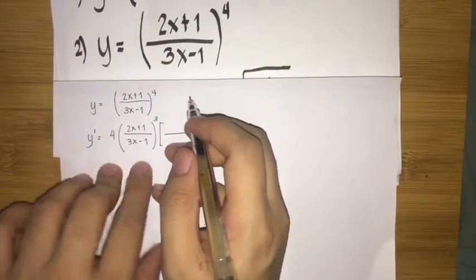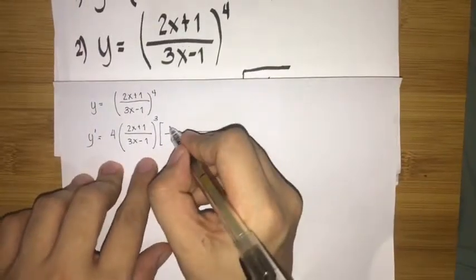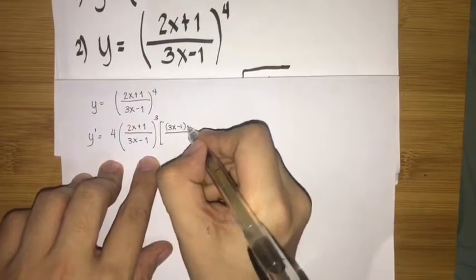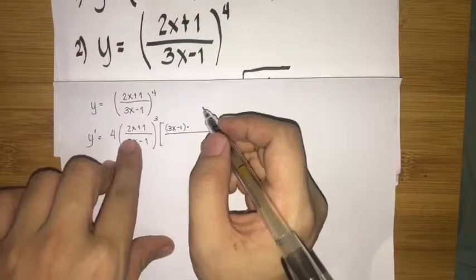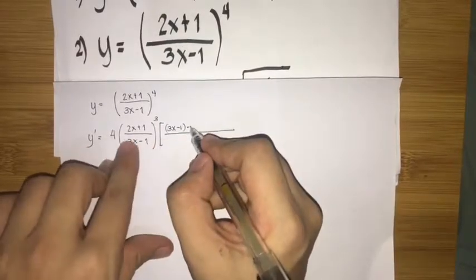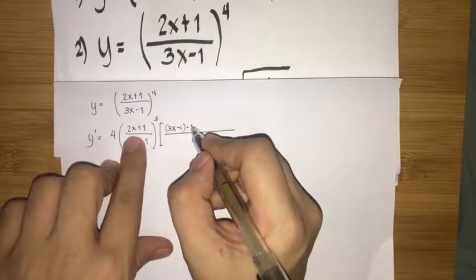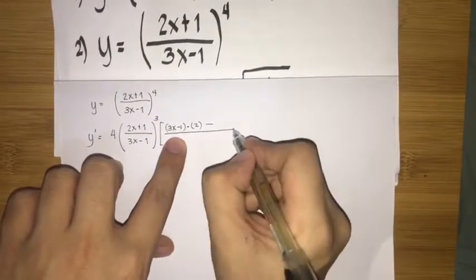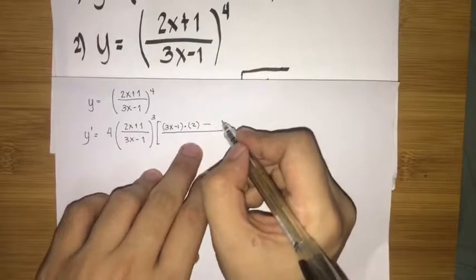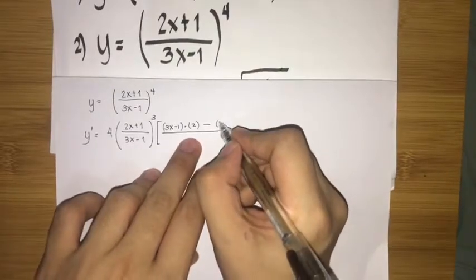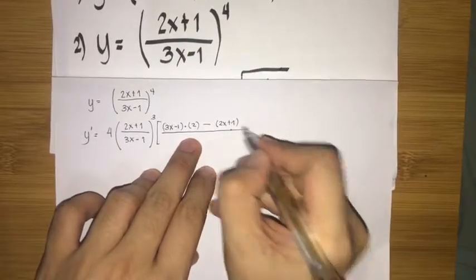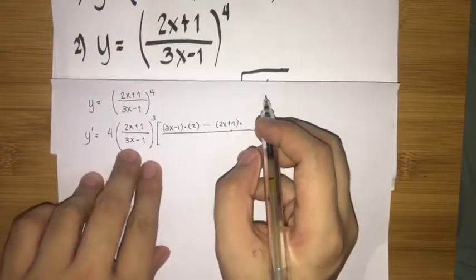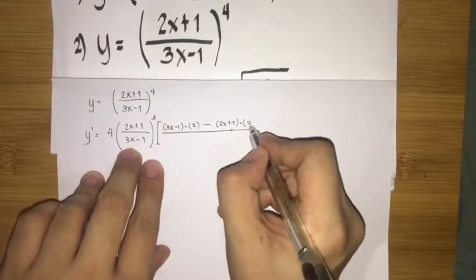So it states that for the numerator, copy first the denominator, so 3x minus 1 times, multiply it by the derivative of the numerator. So the derivative of the numerator will be 2, then minus, copy now the numerator, which is 2x plus 1, then multiply it by the derivative of the denominator, and its derivative is 3.